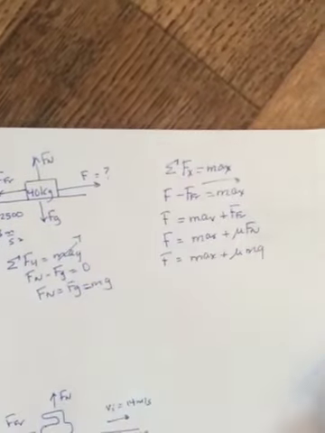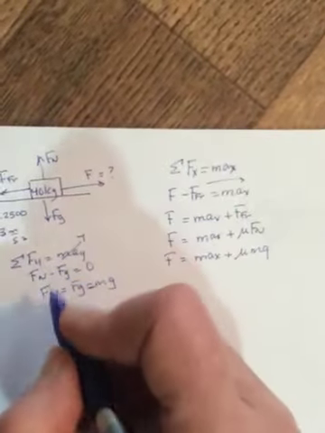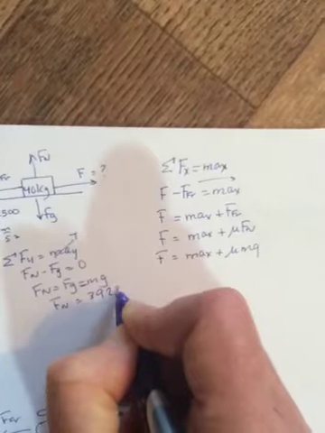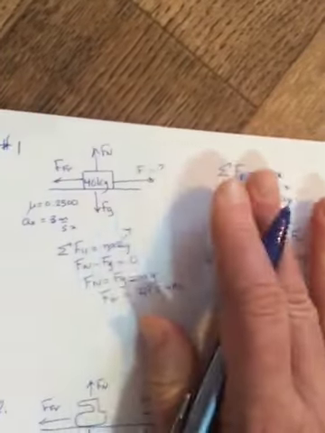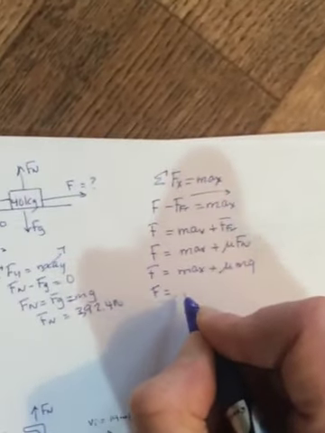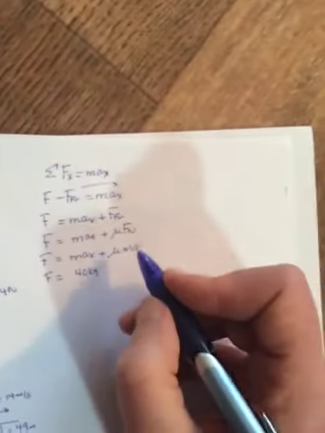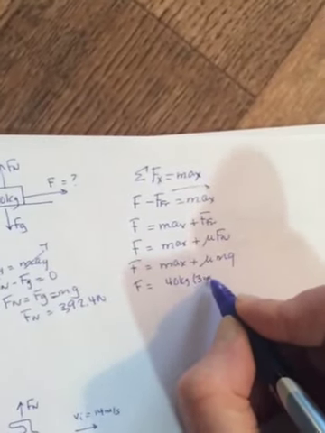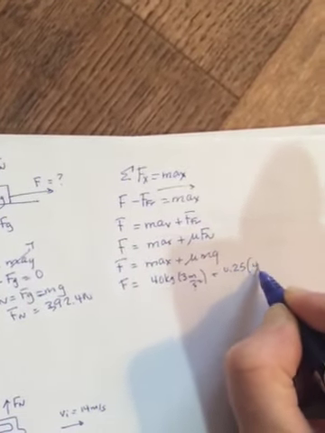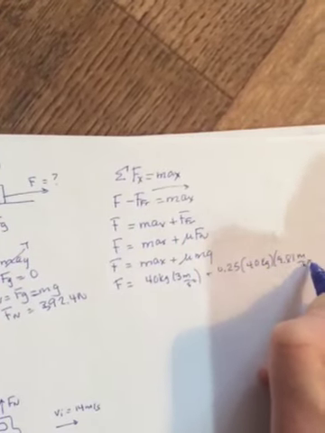It's okay if you put in 40 here and you multiplied 40 by 9.81 and you got down here 392.4 newtons, and then you multiplied that by your 0.25. But you could do it all right here, right? So you could do 40 kilograms times 3 meters per second squared plus 0.25 times 40 kilograms times 9.81 meters per second squared.